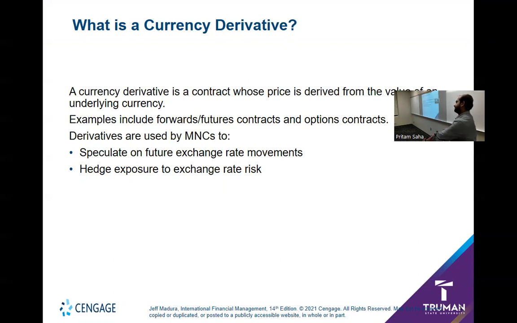Let's say the example we use today: Boeing going to deliver jets to India, right? They make the contract today, and they will deliver, let's say, 100 jets to India in 6 months. What kind of exposure does Boeing Corporation have in 6 months?